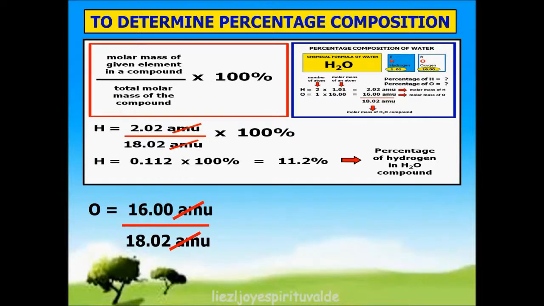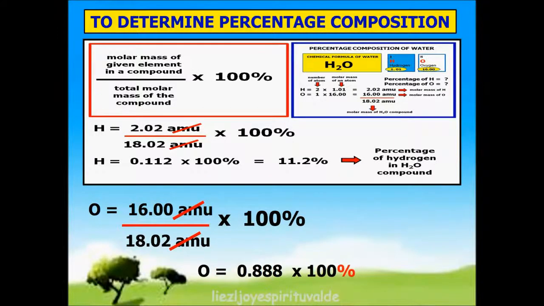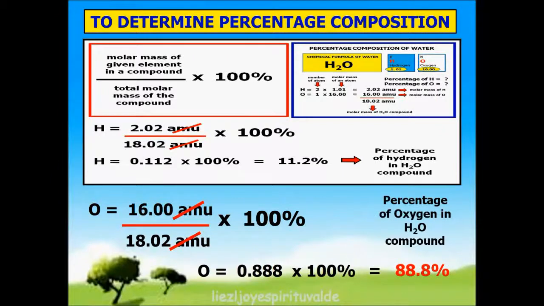Cancel atomic mass unit in the numerator and the denominator, times 100%. We have 0.888 times 100%. Again, let's just move the decimal point 2 places to the right. That is equivalent to 88.8%, and that is the percentage of oxygen in the water compound.